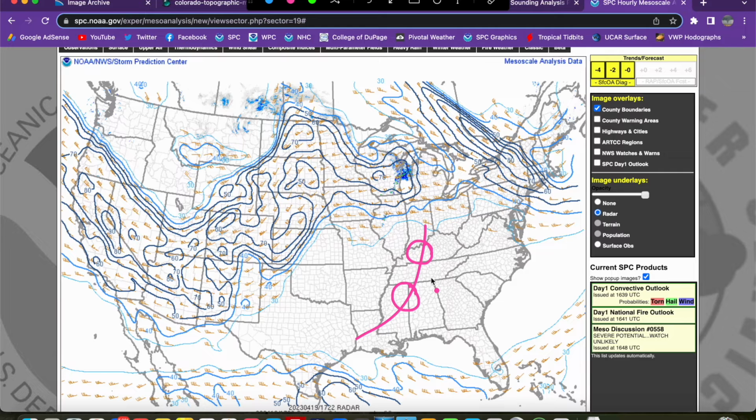Now we can talk about the orientation of the flow, of the storm motion vectors, of the shear vectors with respect to the boundary. If you have storm motion vectors that are along the boundary or parallel to the boundary, that can keep those updrafts in that zone of ascent along the boundary for longer. But then you start getting into the idea that you may have a lot of updrafts going up at once and conglomerating and potentially producing a decrease in landspout potential.